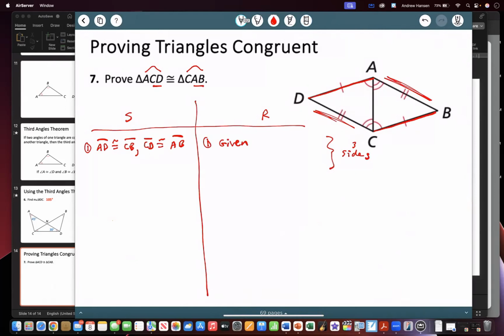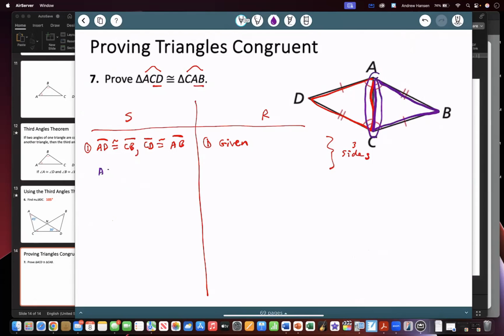We're missing a side. If I look at what side we're missing, I have this side and this side. So my missing side would be this middle one. But once again, if I look at the middle side for the red triangle, and I'll do the other one in purple, it's a shared side, right? So AC is in both the red and the purple one.